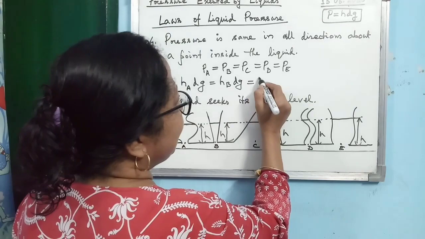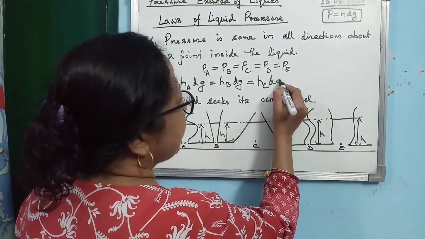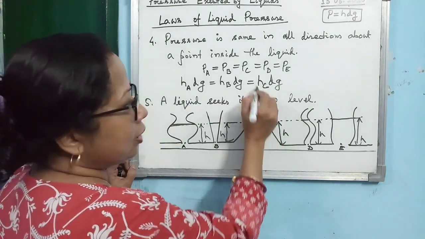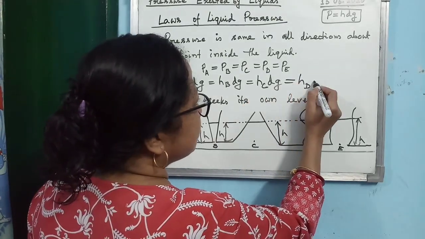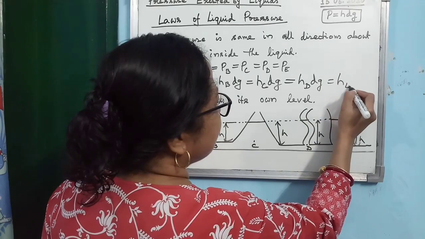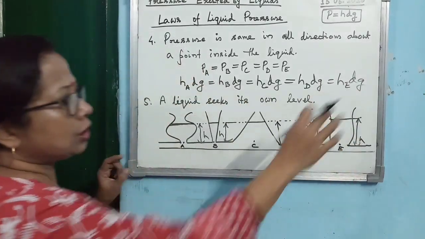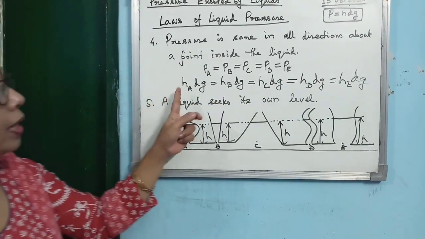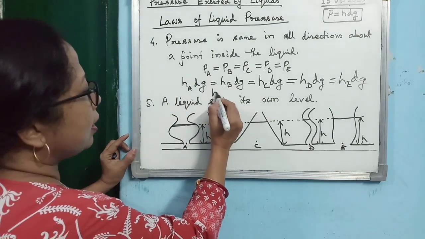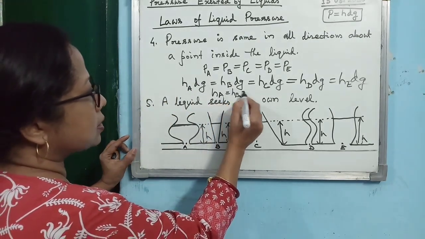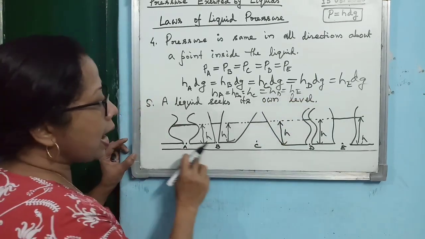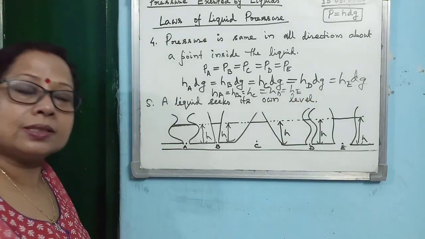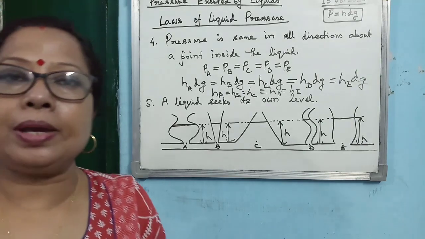Like that for point C, then h_D ρ g, then h_E ρ g. Now ρ and g you can cancel for everyone. So what are you getting? h_A = h_B = h_C = h_D = h_E. This means at all the points, the height of the liquid level will be the same.